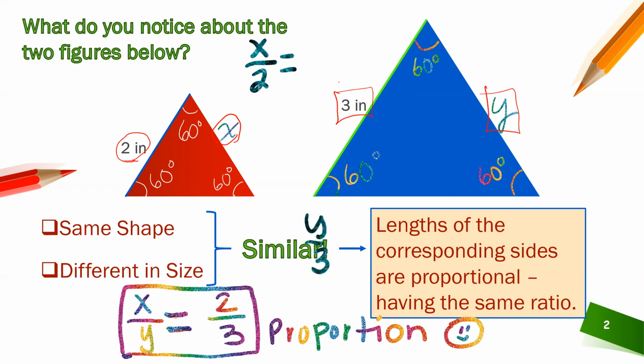So X is to 2 is equal to Y is to 3. And that's another proportion you can write. Okay, so similar figures have the same shape but different sizes. The lengths of corresponding sides are proportional, but the corresponding angles are the same.